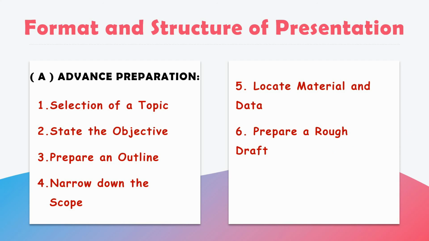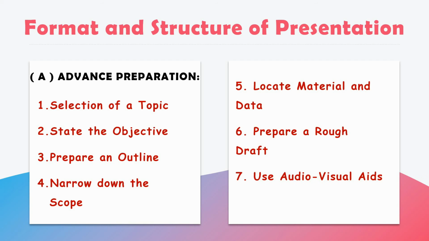The sixth one is prepare a rough draft. Once all this is done, prepare a rough draft and revise it if needed. It should include an introduction, quotation, main body, examples, conclusions, and references to make your presentation interesting, effective, and attractive. The seventh one is use audio-visual aids.